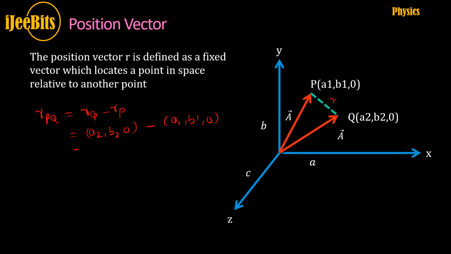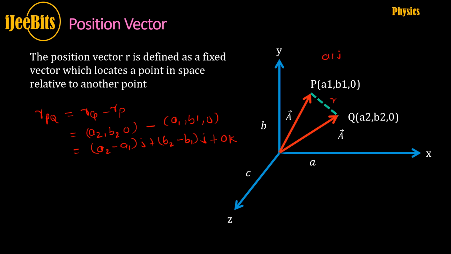How do you represent this one? A2 minus A1 I plus B2 minus B1 J plus 0 K, because it is 0. This is how you have to see. So if you represent it, how do you represent this one?